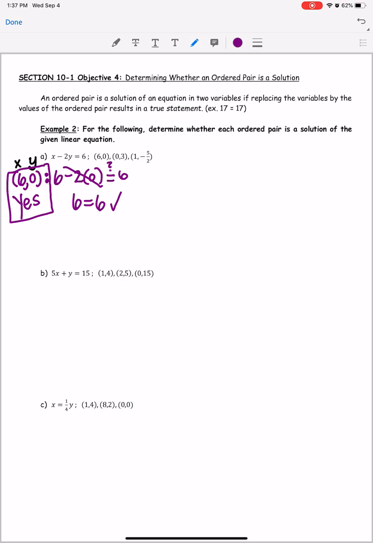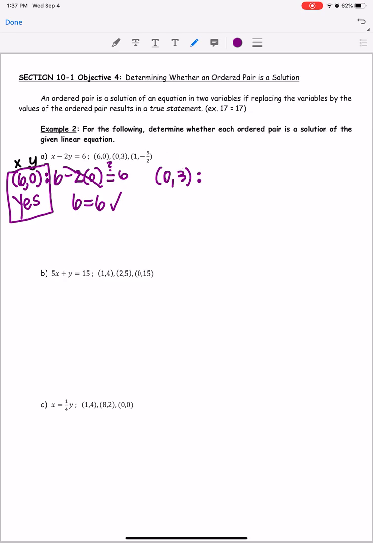So let's try again. Now we have 0, 3. So this is your x, this is your y. So plug them in accordingly.